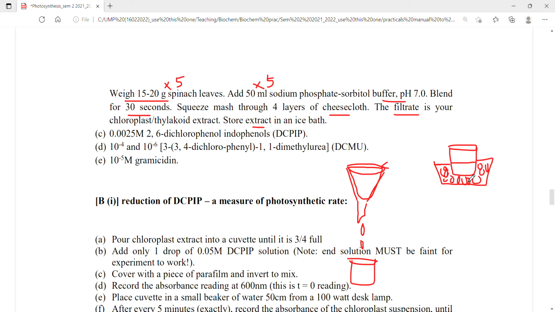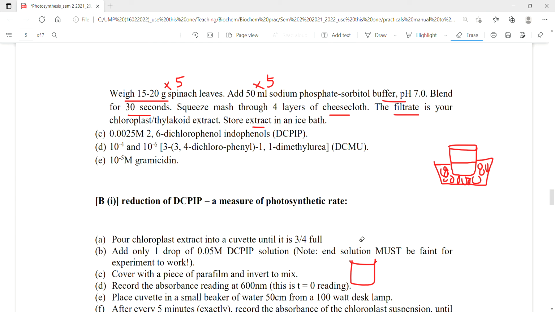So what do we do next? You can take care of this all from here, and then next we have to ensure we prepare DCPIP, DCMU, and gramicidin. This is where you have to use this formula, or formulas.